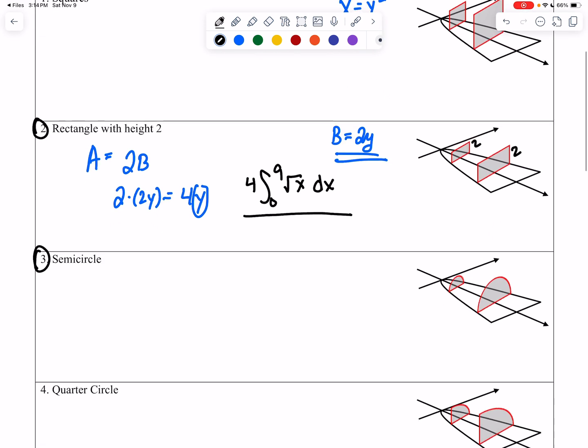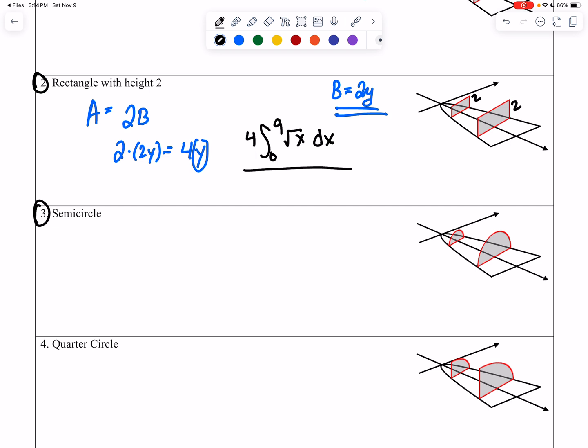Same thing with number 3 here. You know that this right here is y, and this right here is also y, which means that your base is 2y. However, remember that for a semicircle, the area is 1/2 pi r squared, where r is your radius.